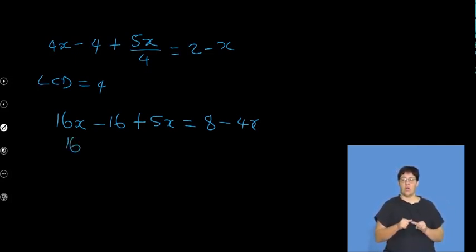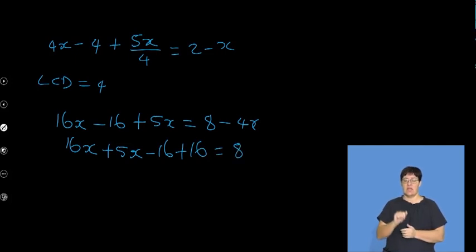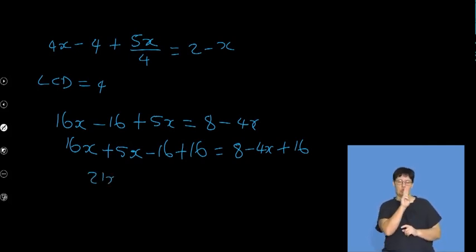So this will be 16x plus the 5x, I'm just going to group them, minus 16, then plus 16, equals to 8 minus 4x plus 16. And this will give me 16x plus 5x, there will be 21x, and then equals to 8 plus 16. Let me just add it so that I don't add another step there.